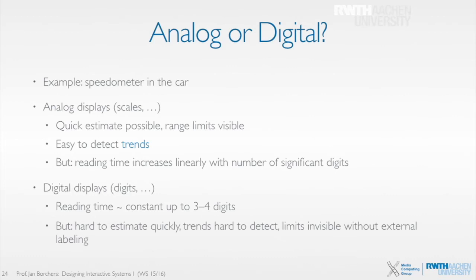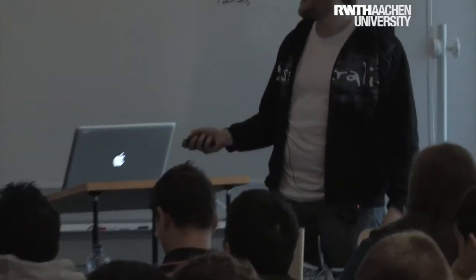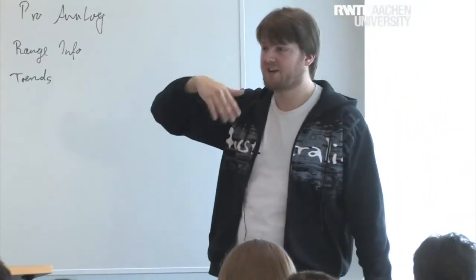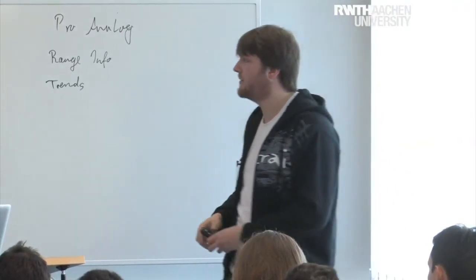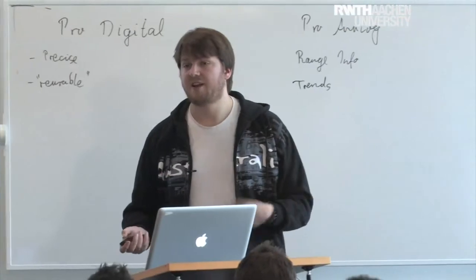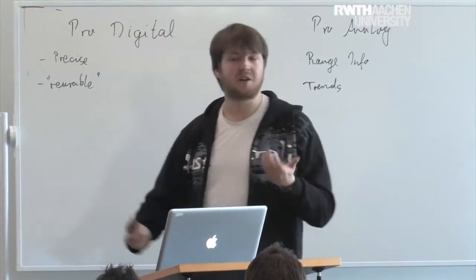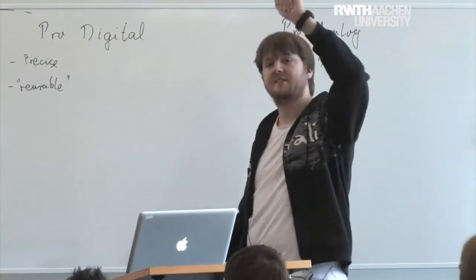But yeah, as we mentioned, the trends are harder to detect if I'm just seeing a number going up and down. Yes, and if I don't have any labels telling me this car can go this fast, I don't actually know where the ranges are.